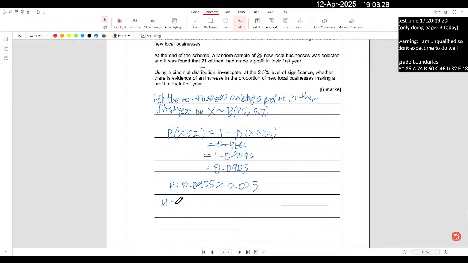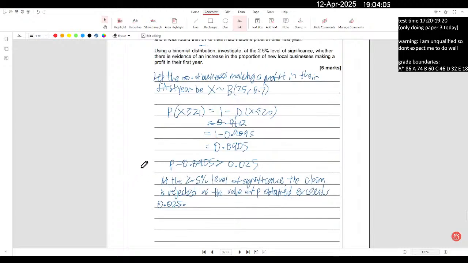So at the 2.5% level of significance, the claim is rejected as the value of p obtained exceeds 0.025.